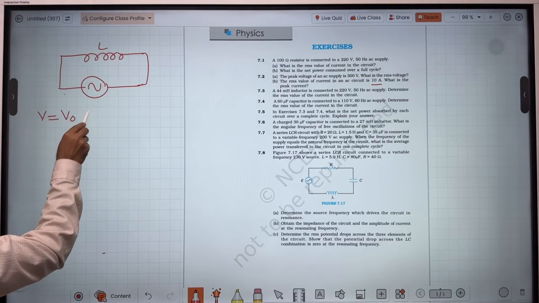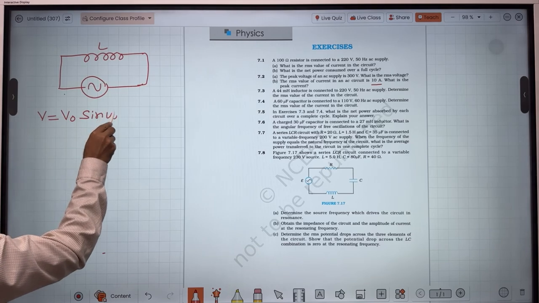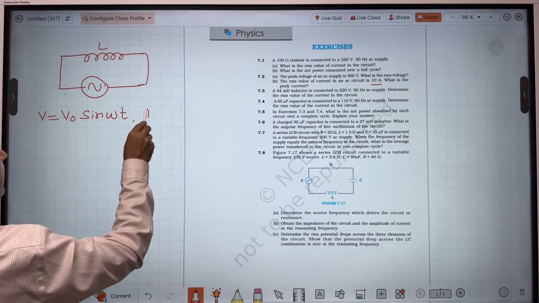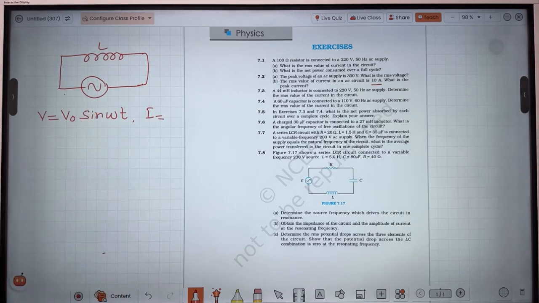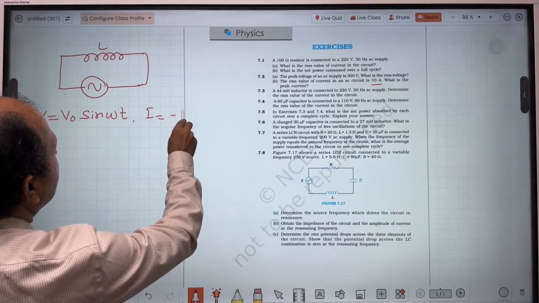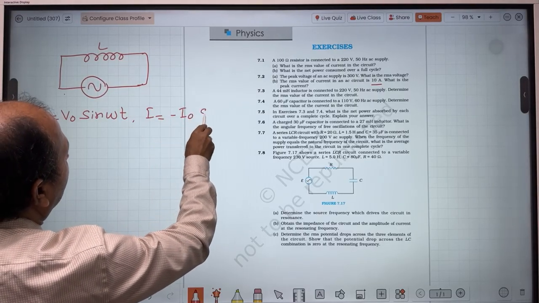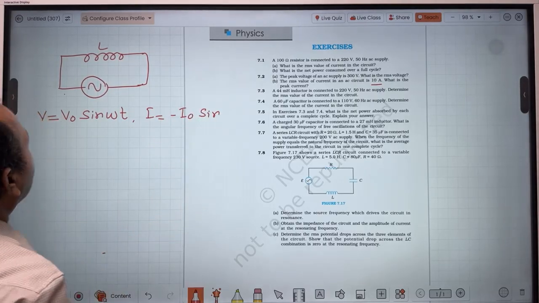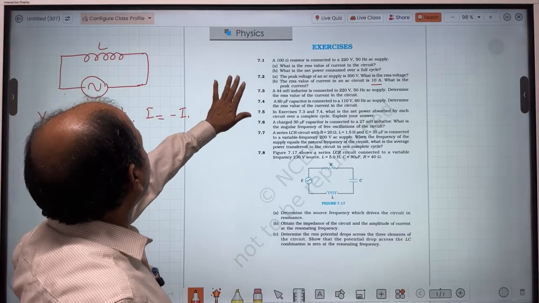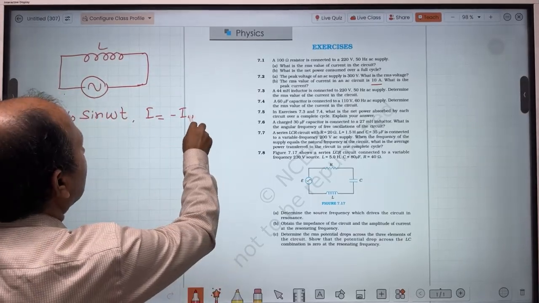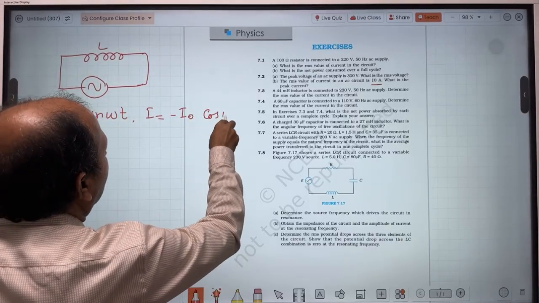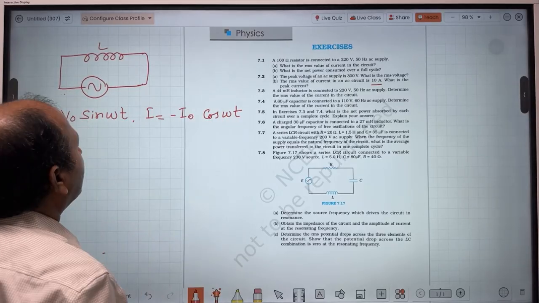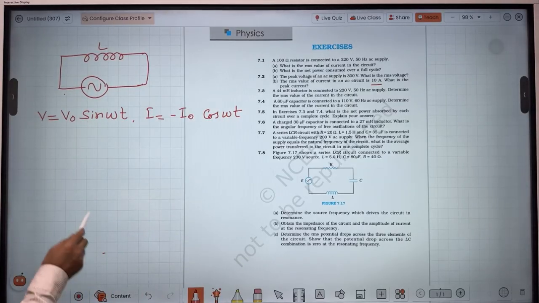Voltage equation is V0 sine omega t and current equation for L is minus I0, it is not sine, minus I0 cos omega t, right?